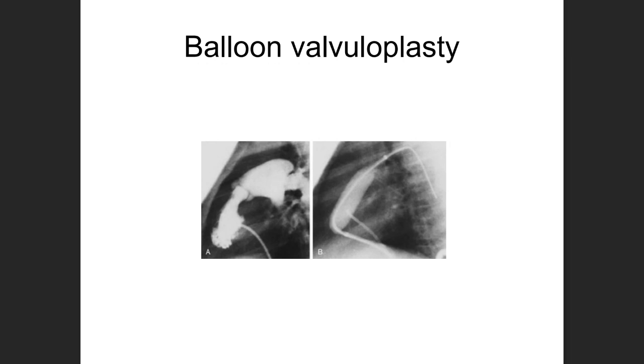And when it is sitting in the area of the pulmonary valve, it is distended with contrast medium. So in fact, it causes a dilatation of that stenotic area and decreases the gradient across the narrow pulmonary valve. And this is the preferred way of dealing with pulmonary valve stenosis.